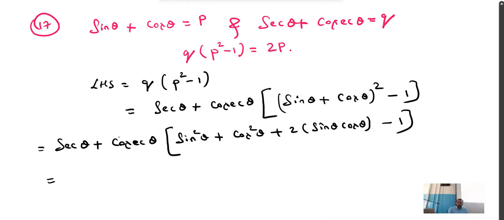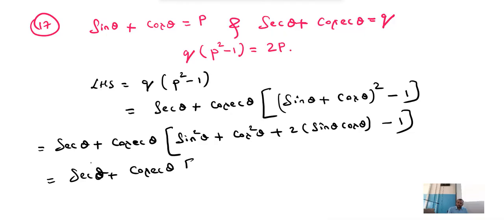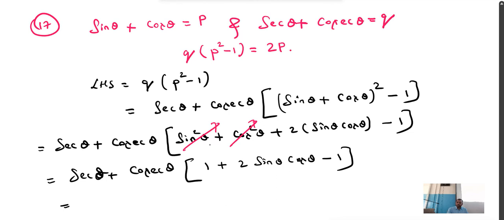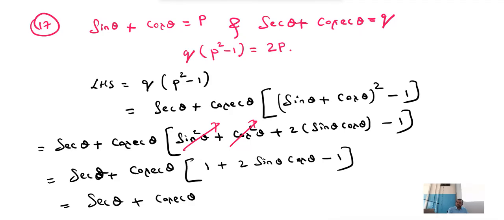Now we know that sin square theta plus cos square theta is equal to 1, plus 2 sin theta into cos theta, minus 1. Now, as you can see here, this plus 1 and minus 1 get cancelled. Correct? Into 2 sin theta into cos theta.